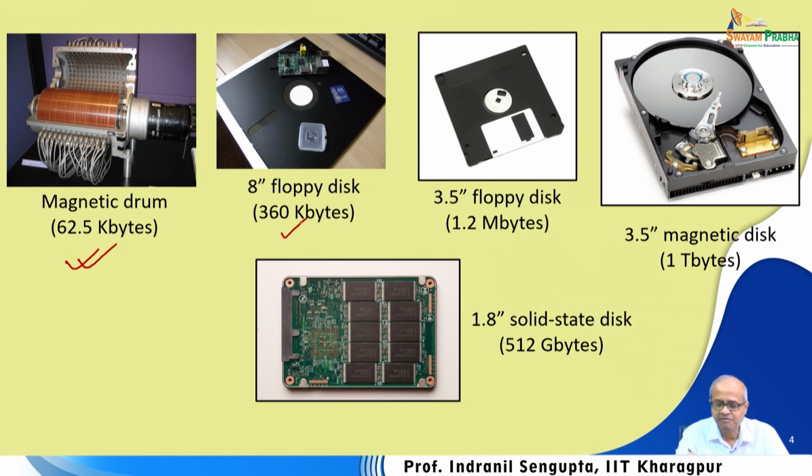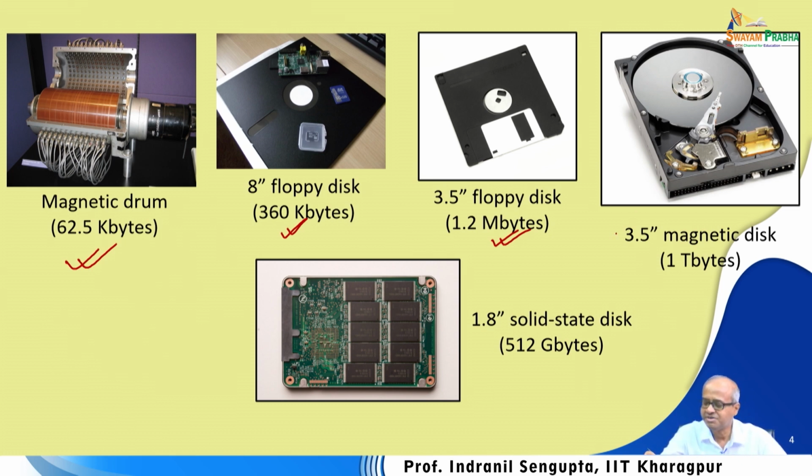This was the older version 8-inch and this was the newer version 3.5-inch. This is how they look like. As I said, inside there is a flexible plastic kind of a material with a ferromagnetic coating on top of it. And the magnetic discs that we see today, earlier the magnetic discs were much larger in size, but nowadays we have 3.5-inch or even smaller 1.8-inch and so on.